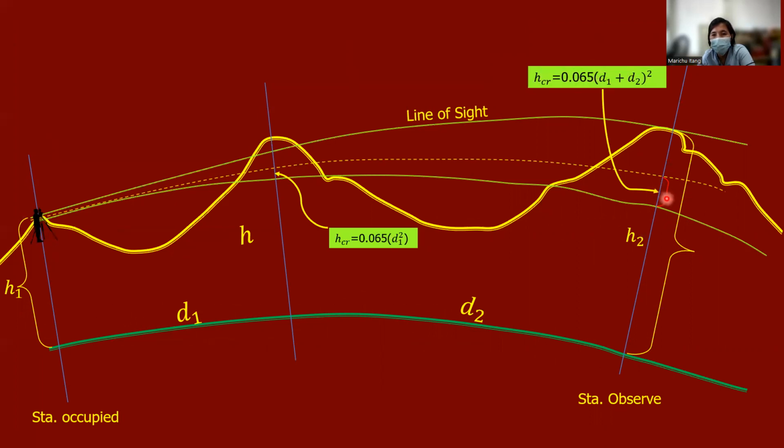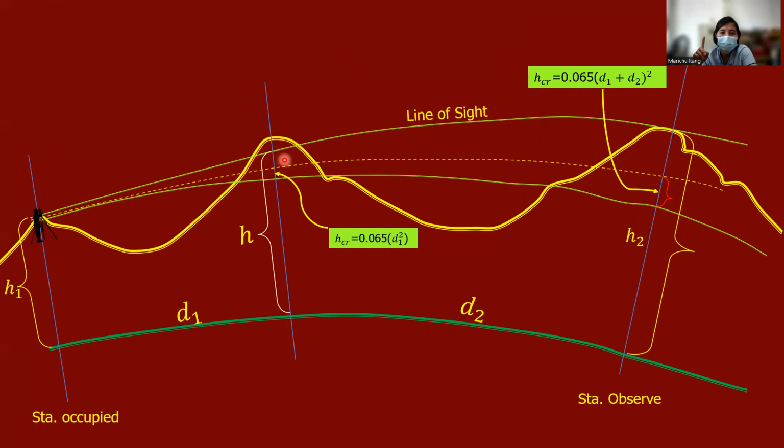So this is the total curvature and refraction correction from this point here hanggang doon. This one is from this point lang hanggang dito. Okay? I hope that is clear.